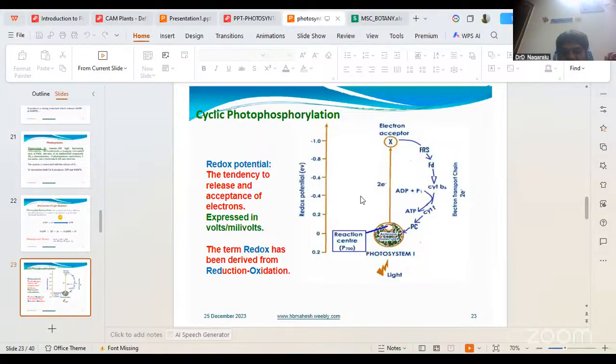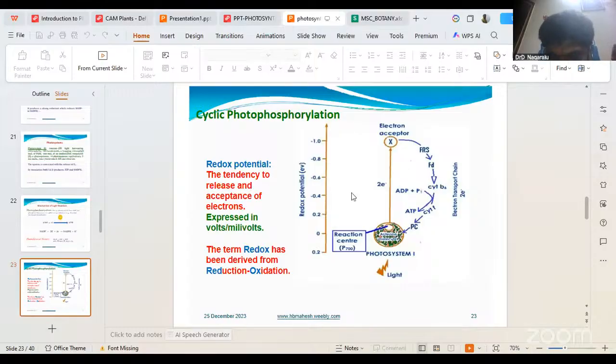Here reduction and oxidation reactions both are happening. That's why it is redox, not redoxide. Oxidation and reduction reaction.